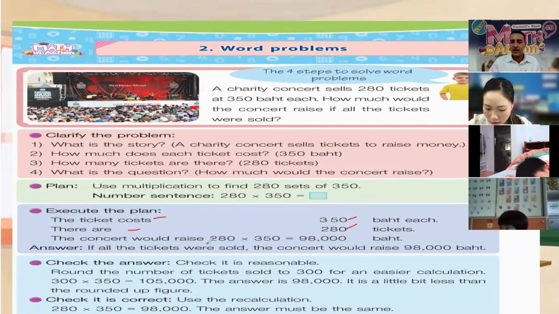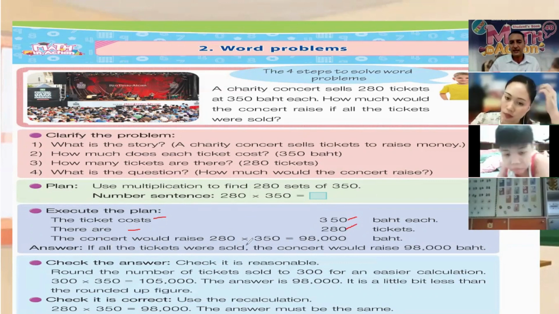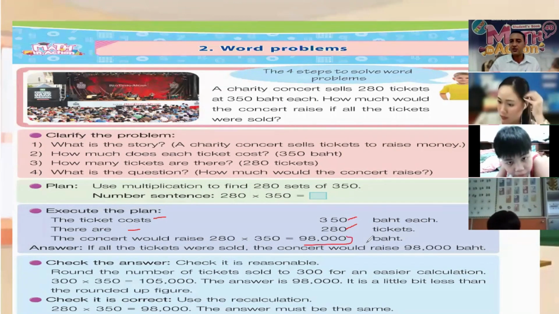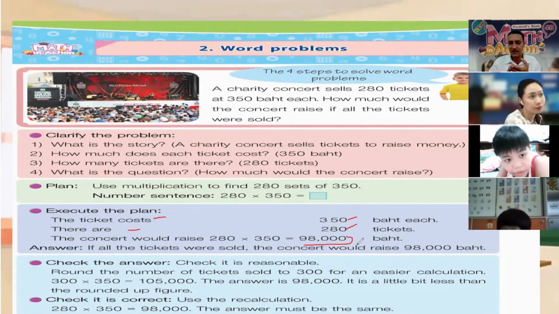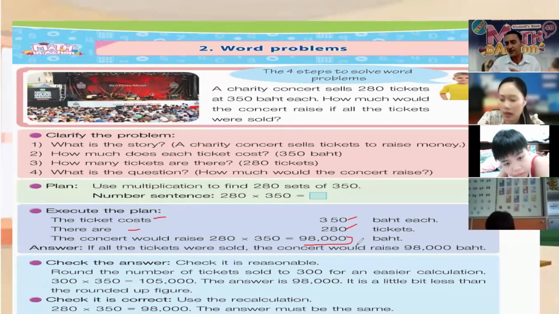How much would the concert raise in total? 280 multiplied by 350 is equal to 98,000 baht. So the concert will raise 98,000 baht. So our answer is, if all the tickets were sold, the concert would raise 98,000 baht. Okay, students, do you understand that?